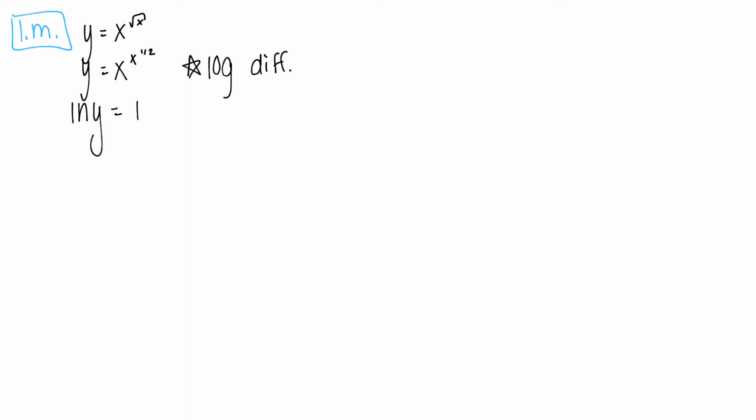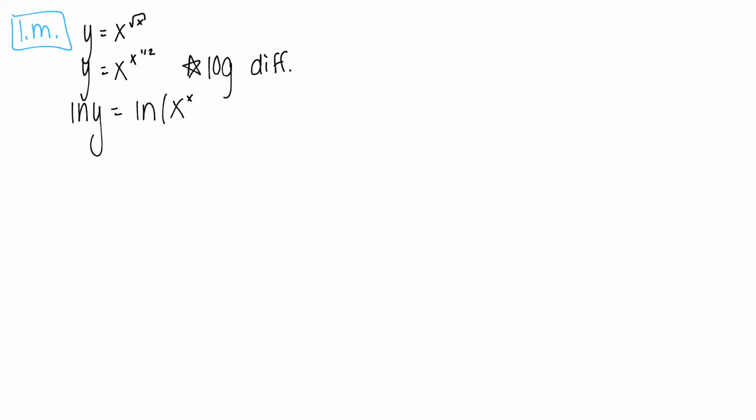We'll see. 1m. We have y equals x raised to the square root of x, which I'm going to rewrite as x raised to the x raised to the 1/2 power. Once again, we have a situation with x in the base and x in the exponent, which means you have to use logarithmic differentiation here. So ln y equals ln of x raised to the x raised to the 1/2.